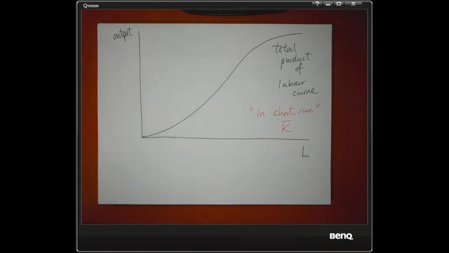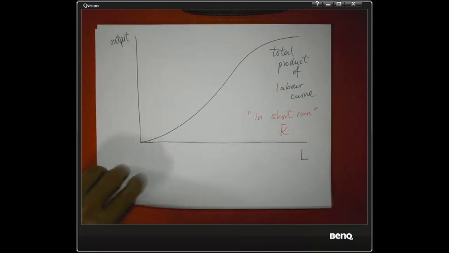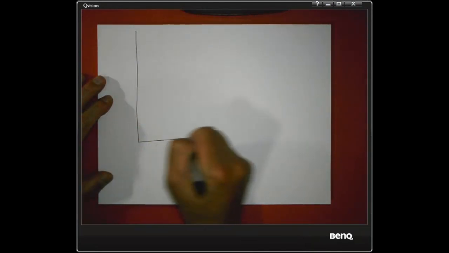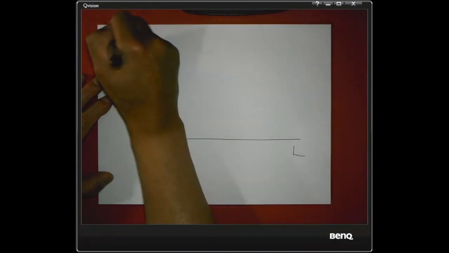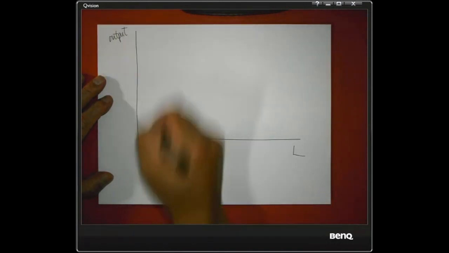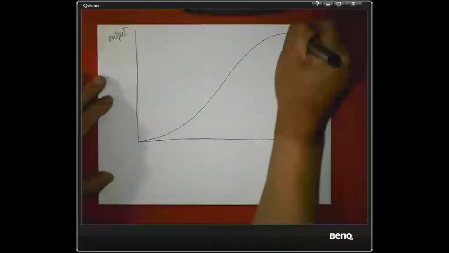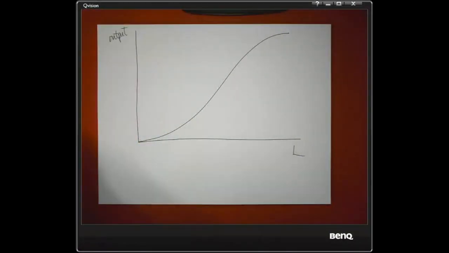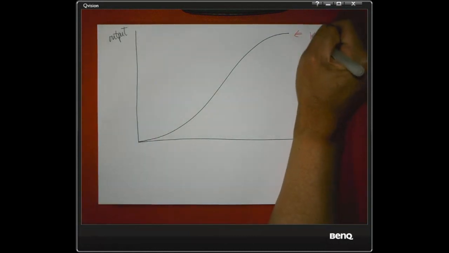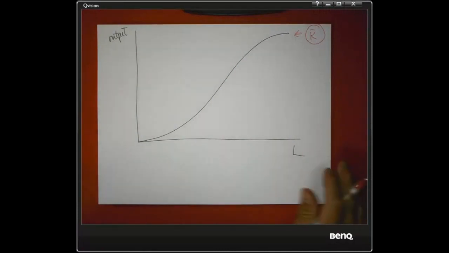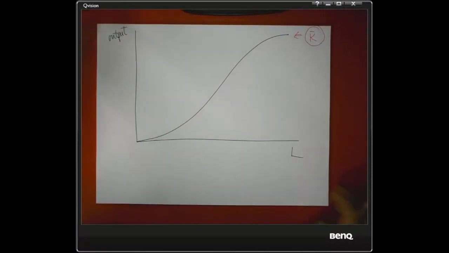So let's examine the shape. Now don't forget, always keep in mind in the short run, this is for a particular factory size. So this relationship between labor input and output is true for this particular factory size.